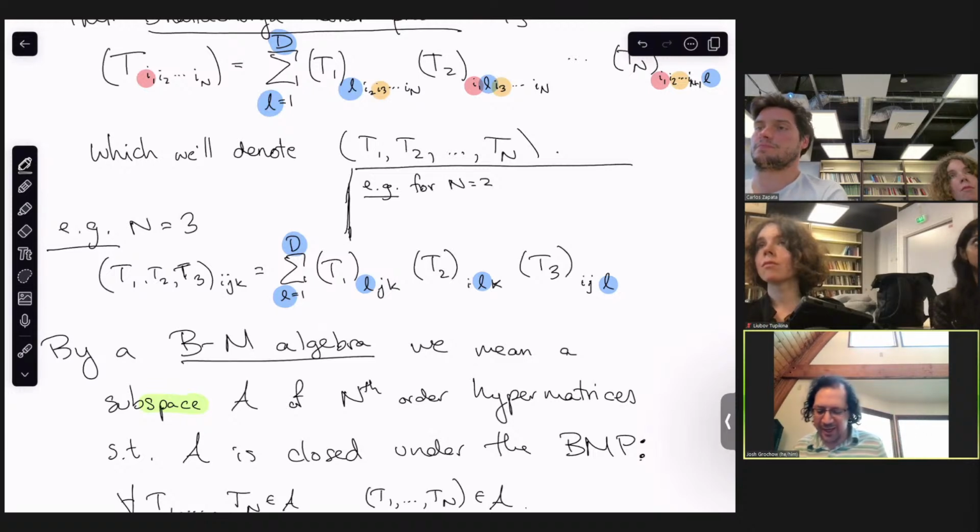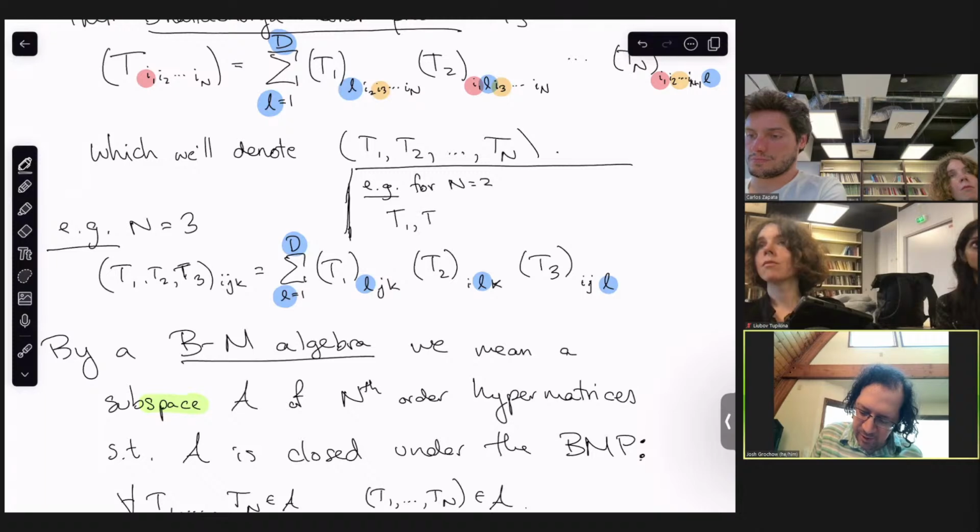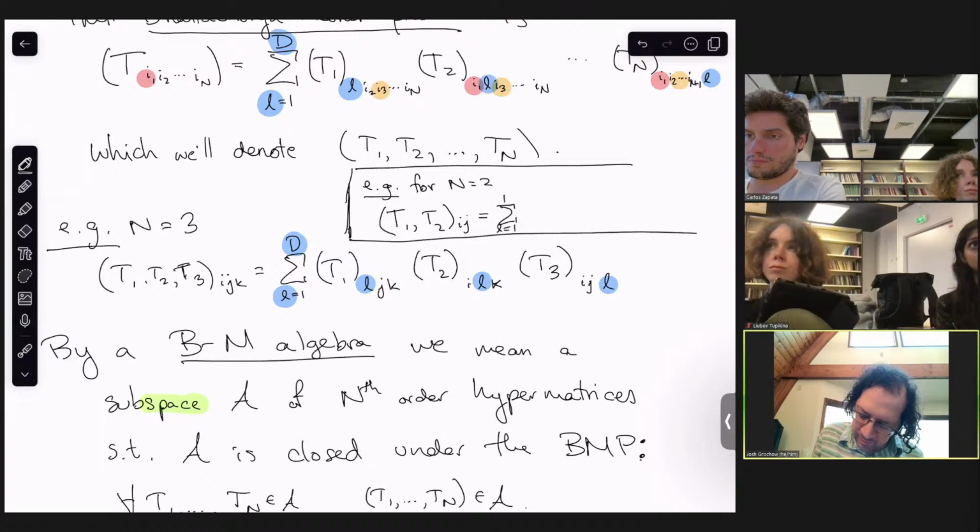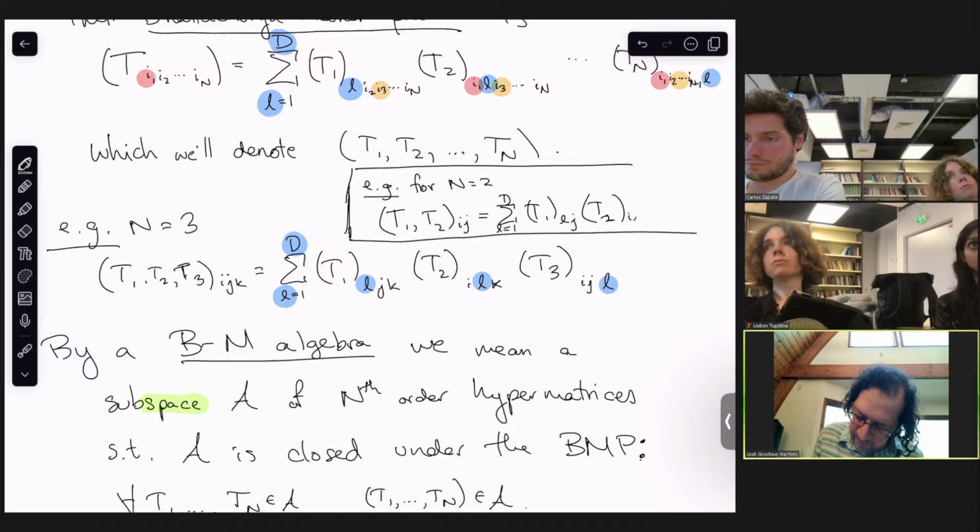Right. So for n equals 2, the way I've done it, I've done my indices backwards compared to usual matrix multiplication. But it's isomorphic to matrix multiplication. So for 2, T1 and T2 are now matrices. And if I look at the IJ entry here, the way I'm writing things, this is the sum over L of T1 LJ times T2 IL.